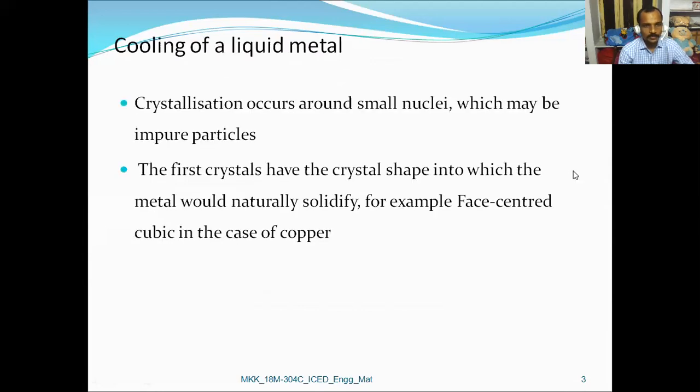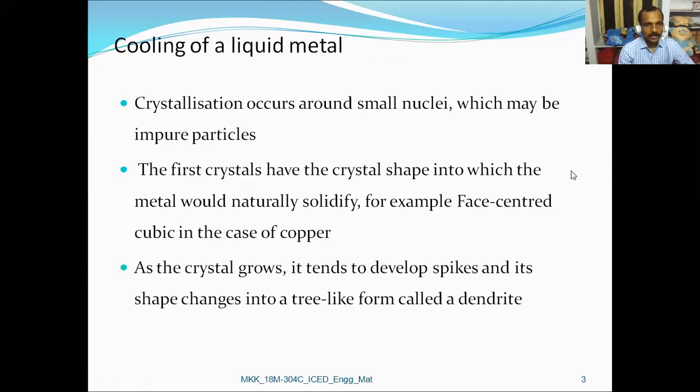So now let us have a look at the cooling of a liquid metal. What happens? The crystallization occurs around small nuclei, which may be impure particles. The first crystals have the crystal shape in which the metal naturally solidifies.